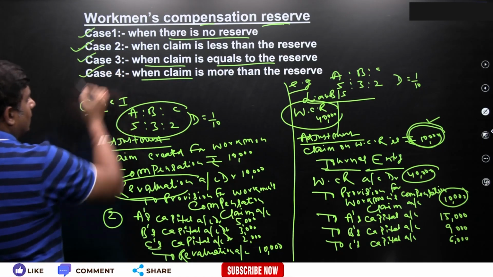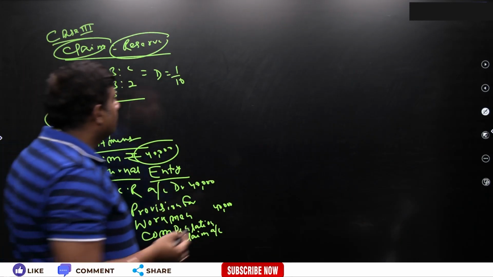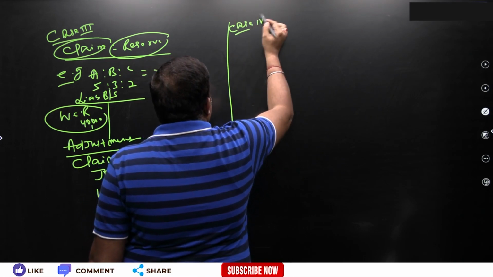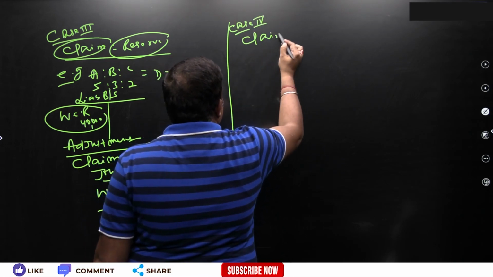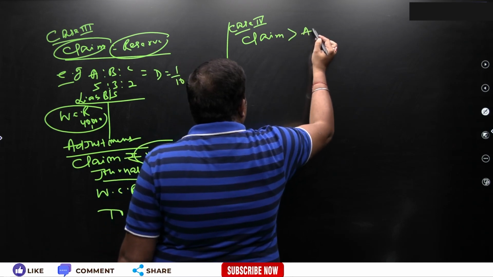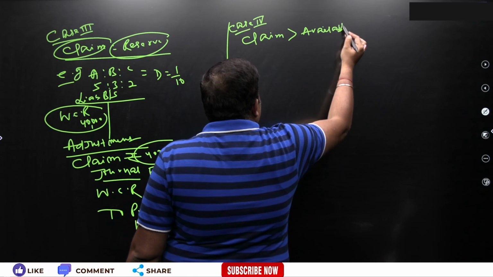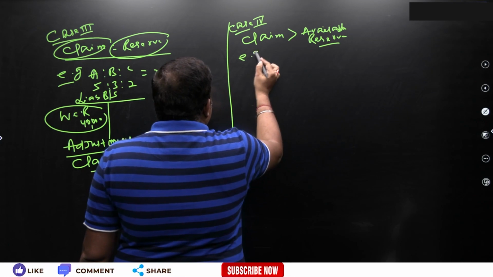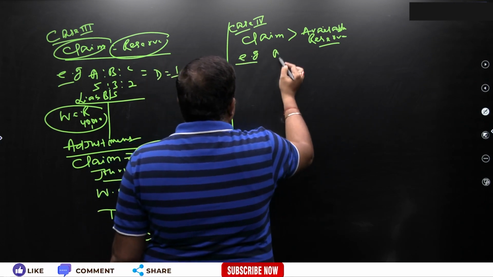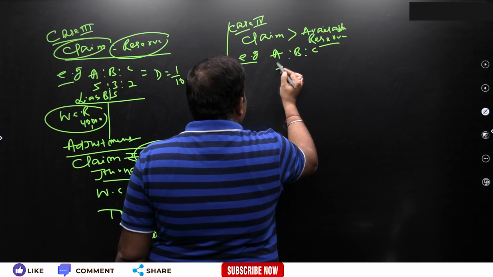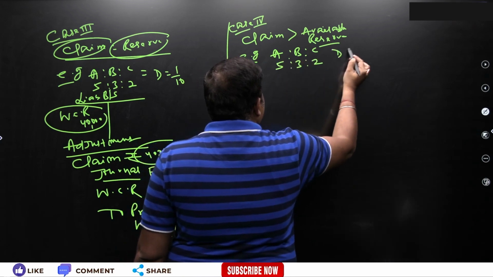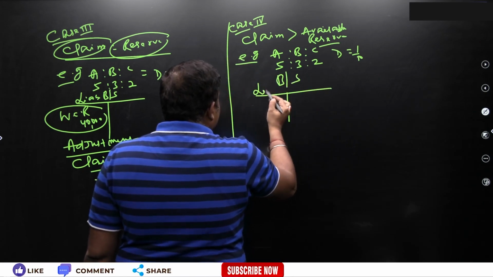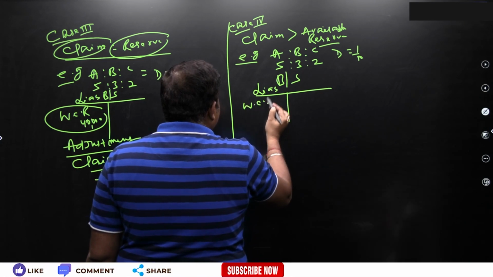Now case 4 is when the claim is more than the reserve. Let's take an example of this also. Case 4 says that when the claim is greater than the available reserve. The same example I can consider: A, B, C, the three partners, 5:3:2, D coming in for 1/10 share, and in the balance sheet they have given you the workmen compensation reserve of 40,000.